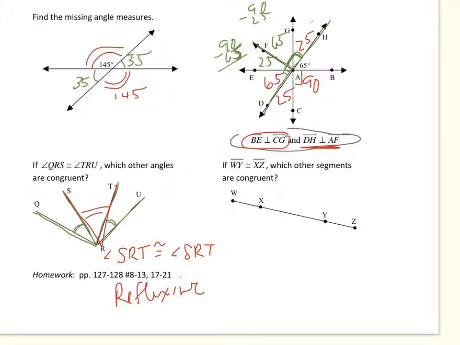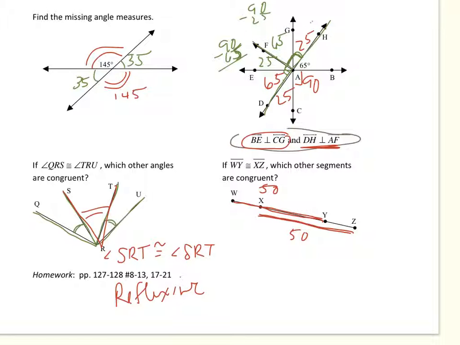And over here, it says segment WY and segment XZ are congruent, so they're the same. So let's just put a number in there. If we have 50 here, the whole thing equals 50, and 50 up here.